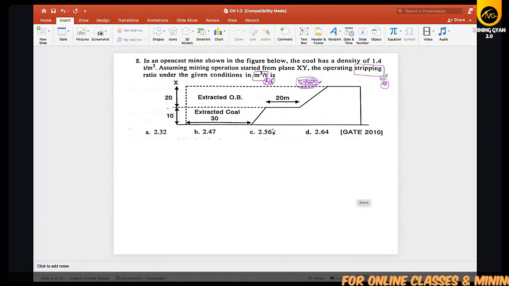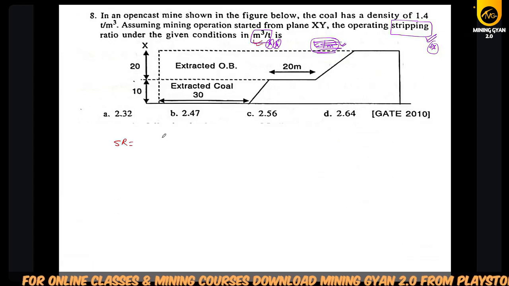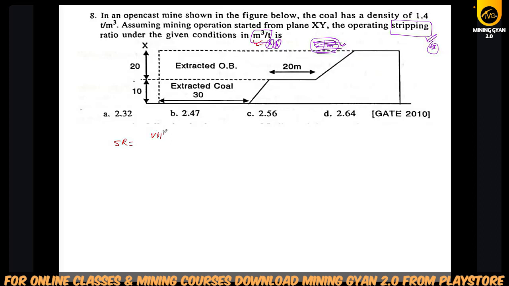Okay, so extracted coal, extracted OB. So what is the stripping ratio? Stripping ratio will be in this form, meter cube by ton. Then the OB will be on top. So volume of OB removal divided by weight of extraction.